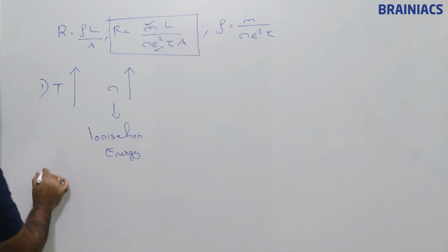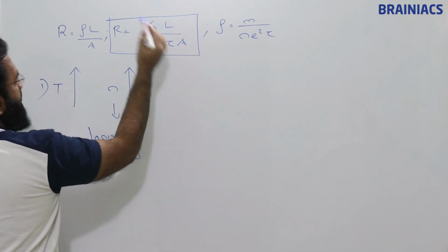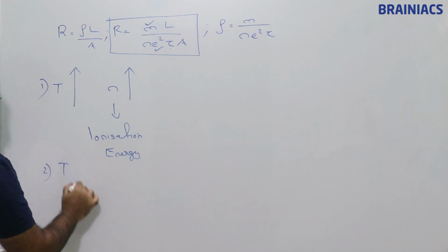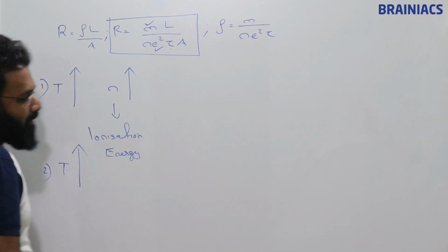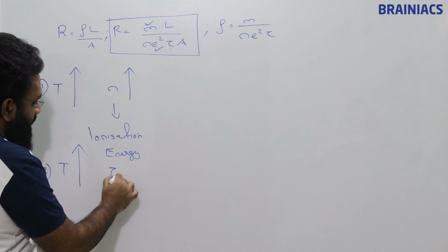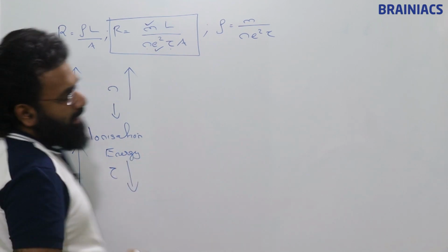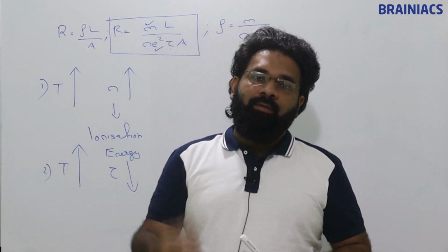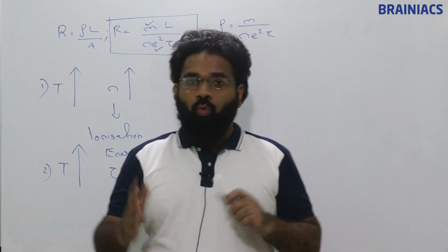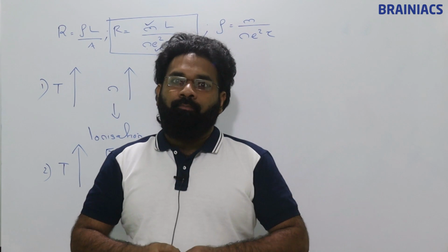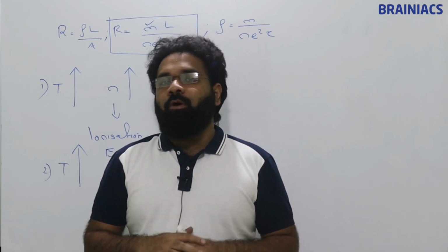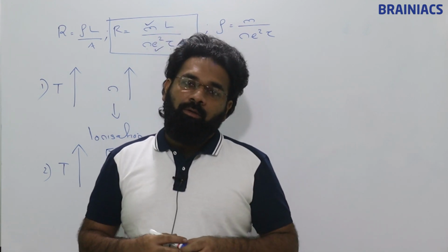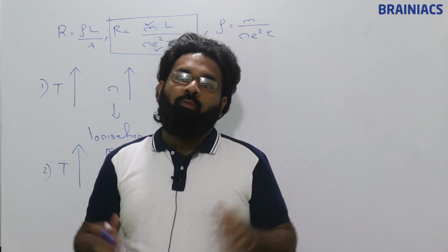Now what about relaxation time? When temperature increases, what will happen to relaxation time? This relaxation time will decrease. Why? Because when we increase the temperature, vibration and movement of these particles will increase. So more collisions, more movement.